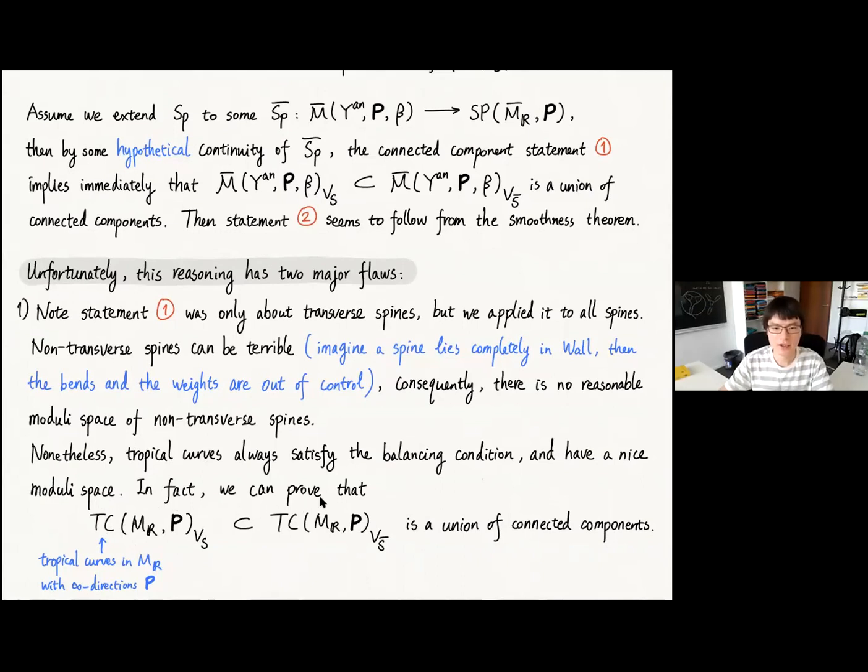In fact, we can prove that the space of tropical curves in MR with infinite directions given by P, whose associated spine belongs to Vs, is a union of connected components of the space of tropical curves whose ith marked point maps to Vs bar.